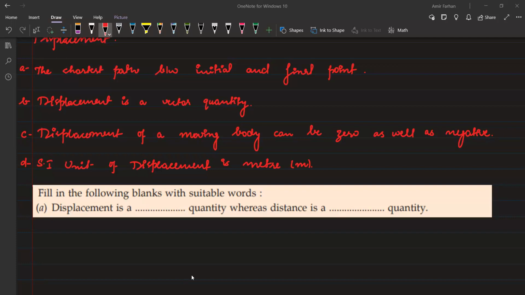Okay. So, Ayan, as you can see, displacement is which quantity, vector or scalar? Vector. Very good. And distance is a scalar quantity.